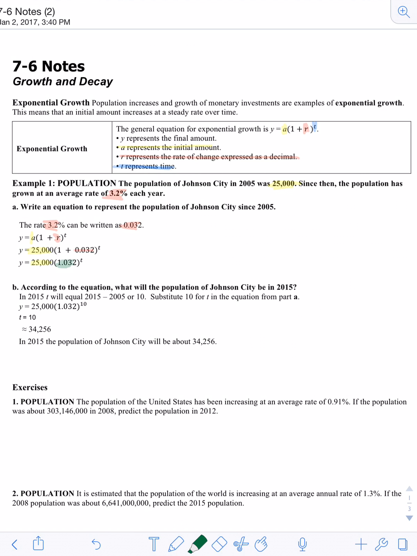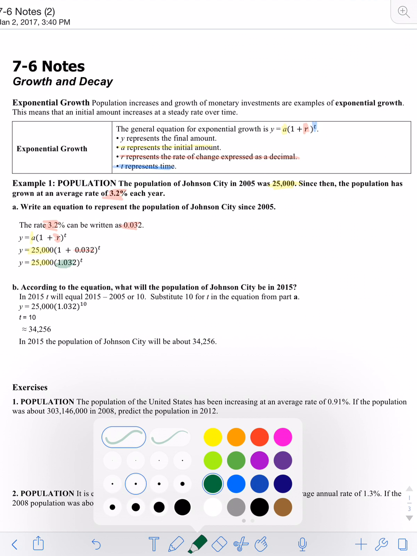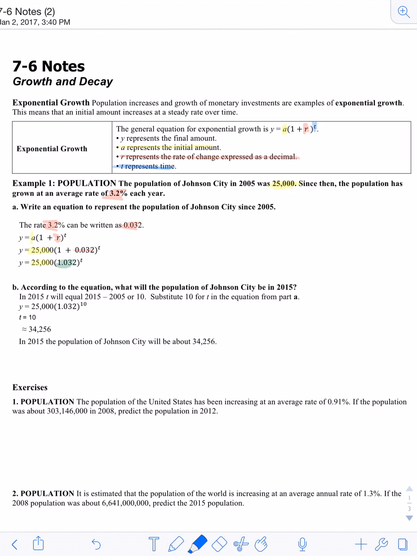Okay. And so now for part B, it says according to the equation, what will the population of Johnson City be in 2015? So in 2015, this is going to be part of our time because we're talking about years. So they said, let's figure out how many years this is. From 2015 to 2005 up here, you subtract, and you get 10. So they substituted right here this little 10.